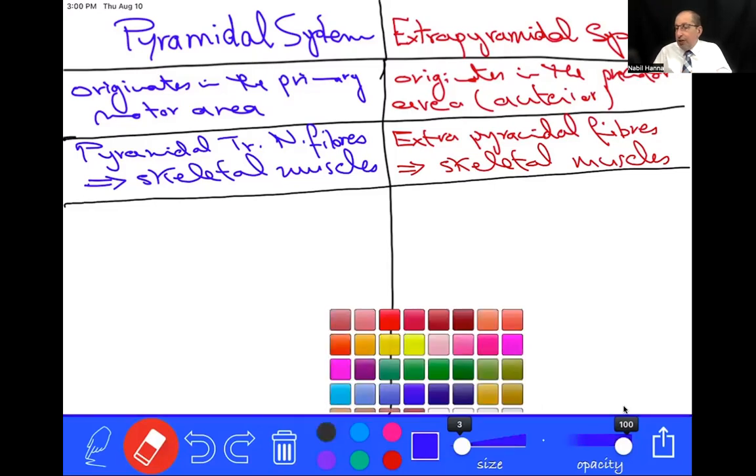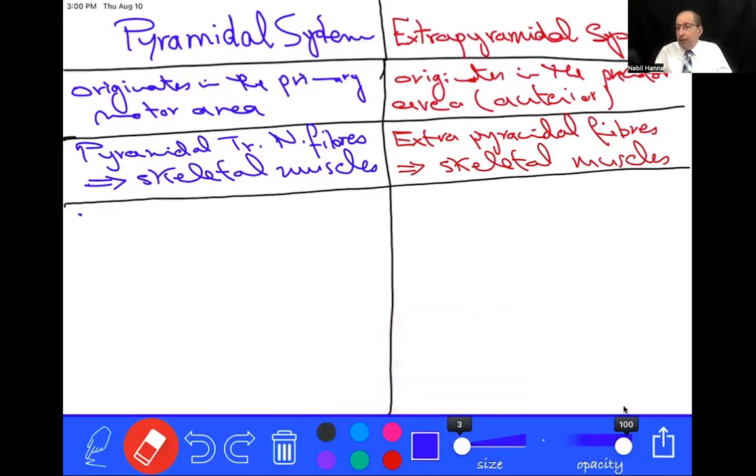So the function of the pyramidal system is voluntary movements. So at rest, your pyramidal system is not at work. Your pyramidal system works only when you move.